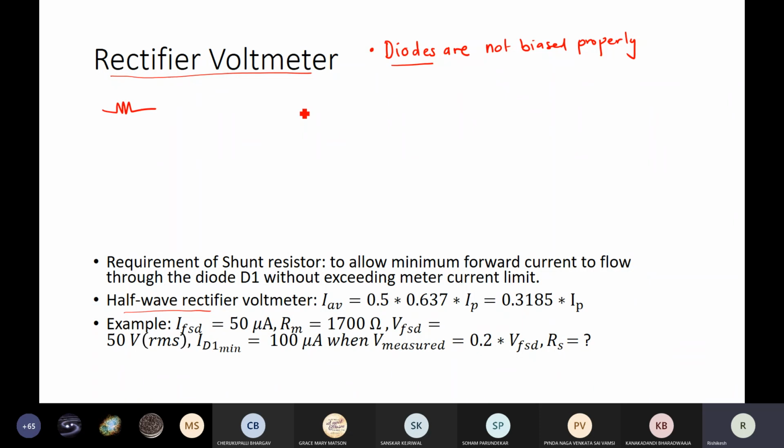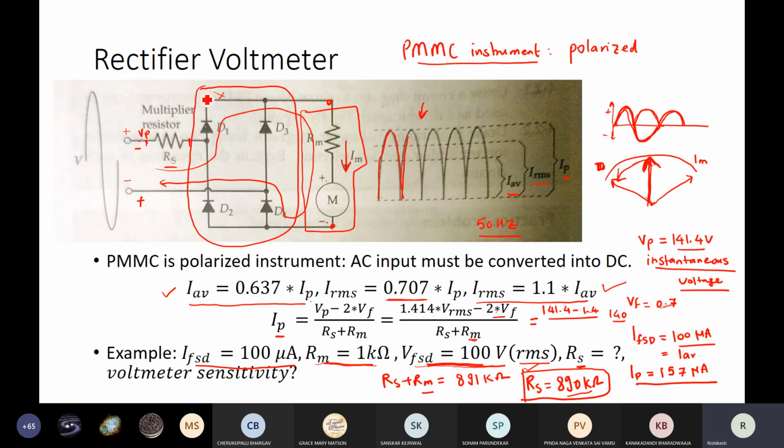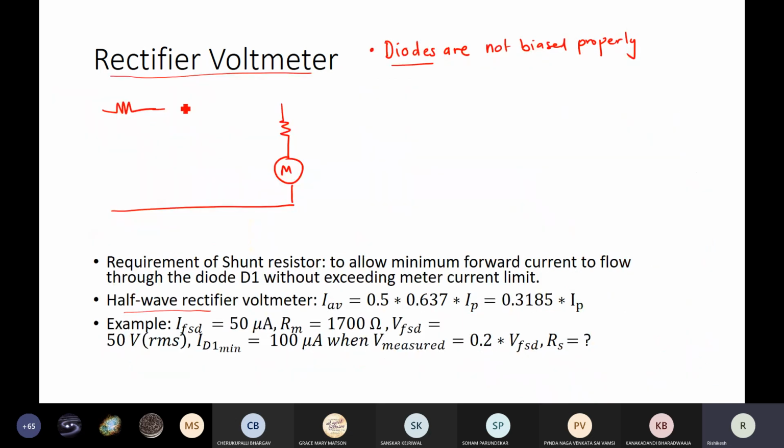The series resistance and the meter remain the same, and the voltage will be applied across this, just that we insert a half wave rectifier. So this will be my D1, this will be my D2, and the voltage to be measured is applied here.